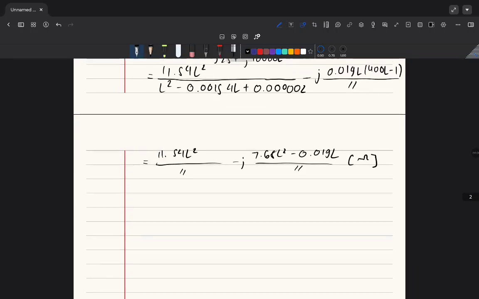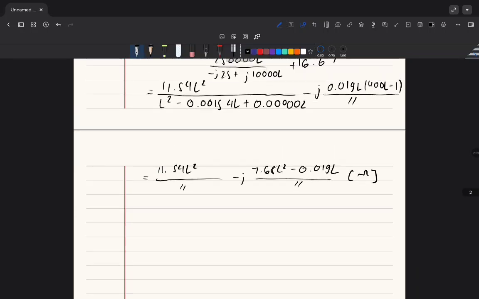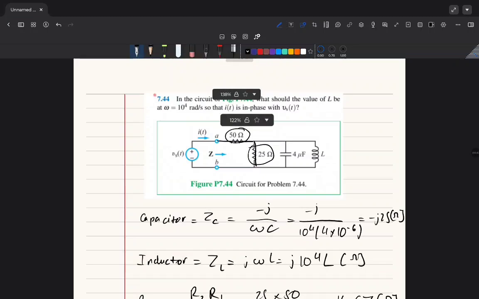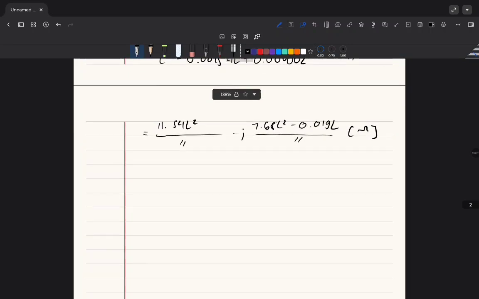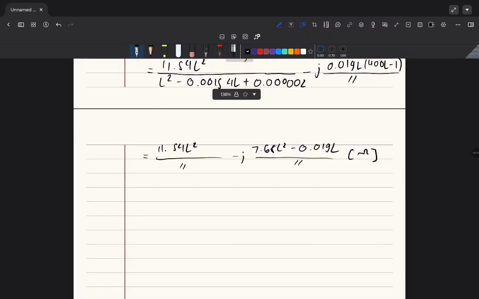Like I said earlier, the question asks for the value of L so that I of t is in phase with Vs of t, which means that the imaginary part has to be 0. So negative 7.68 squared minus 0.019 L over the same denominator has to be equal to 0.